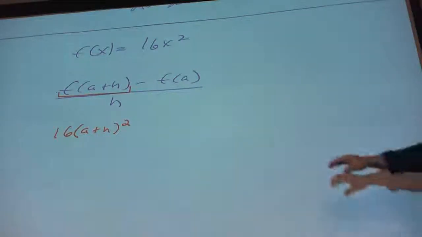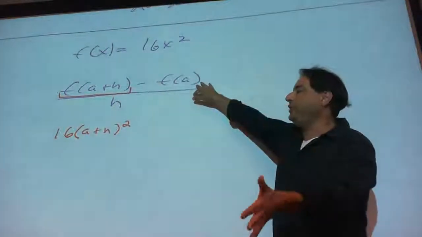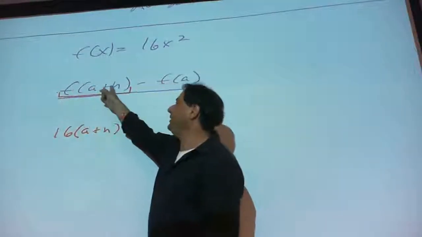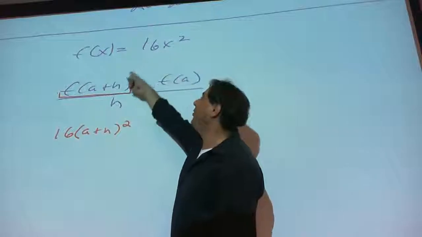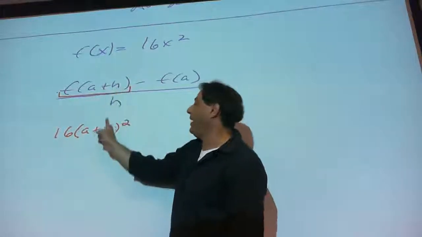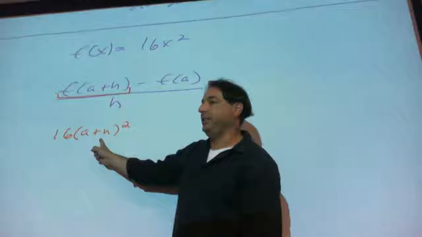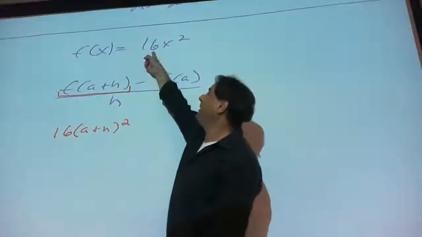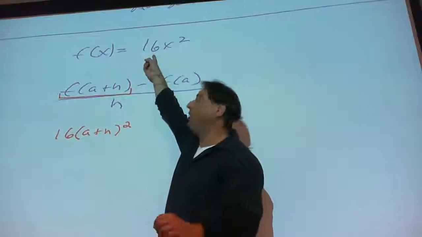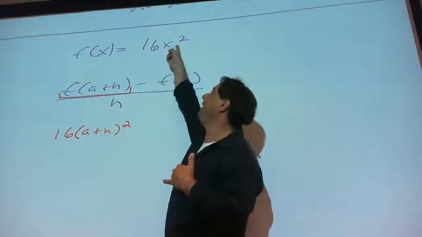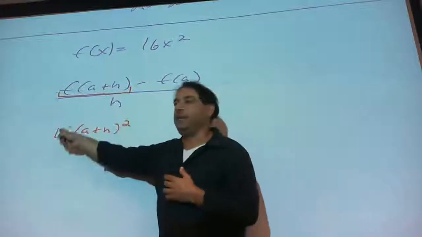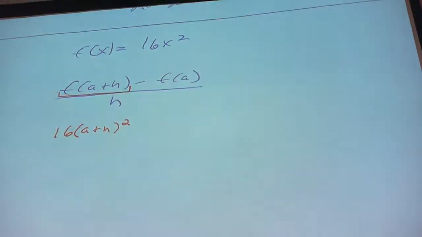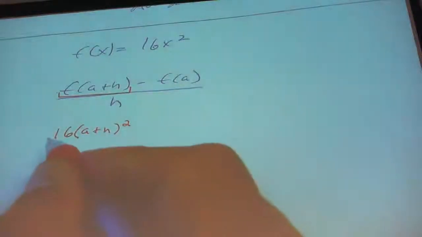If this was f of 3, you would do 3 squared times 16. I'm doing a plus h squared times 16. So this part is this part.